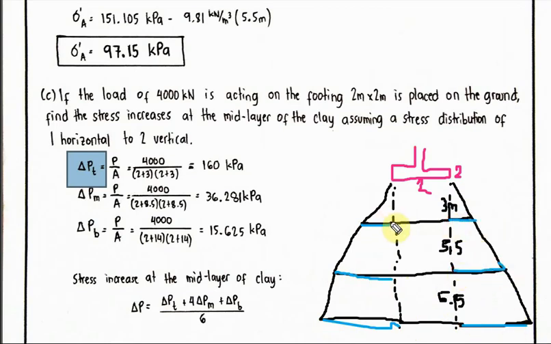We all know nga kani nga point is 2 meters di ba? Kay equivalent naman siya sa length sa footing. Muna itong base. So, pwede rin 2. So, diha na ma-apply ang 2:1 method.